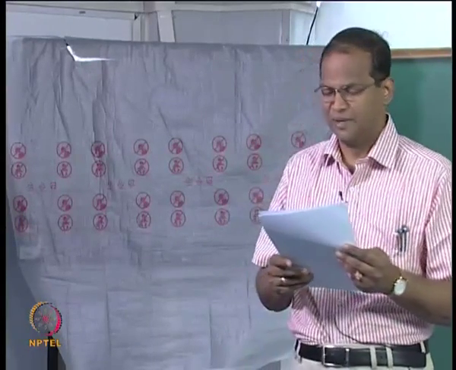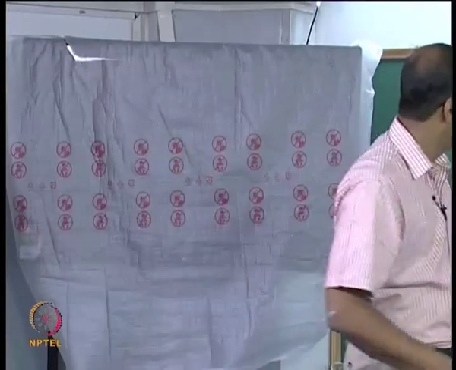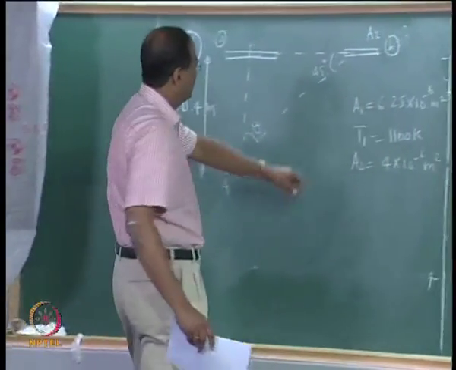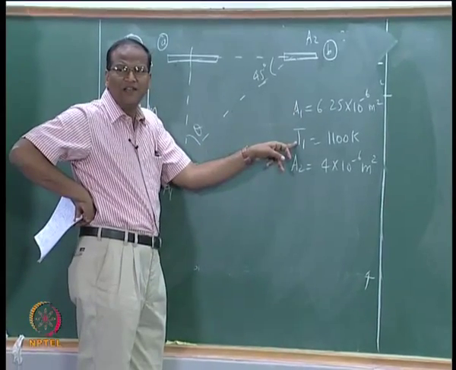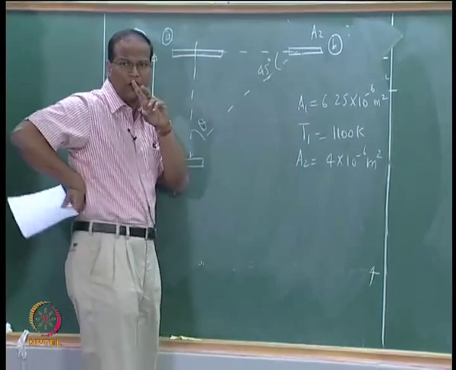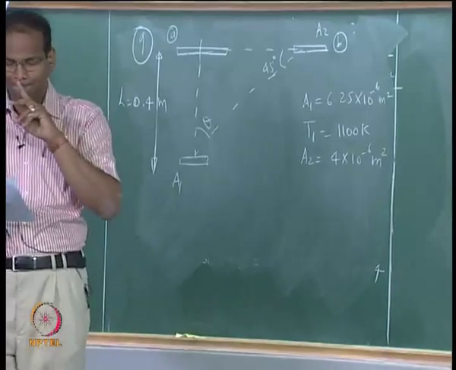The area of the detector A2 is 4 into 10 to the power of minus 6 meter squared. All these data are given.